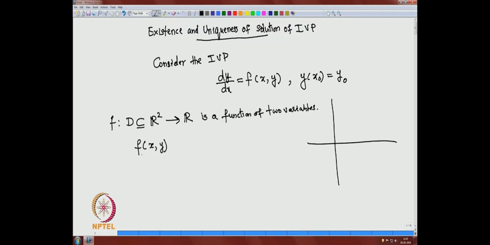With respect to the initial value problem, the first argument x is the independent variable, and y is the dependent variable, which is of course the solution we are looking for.